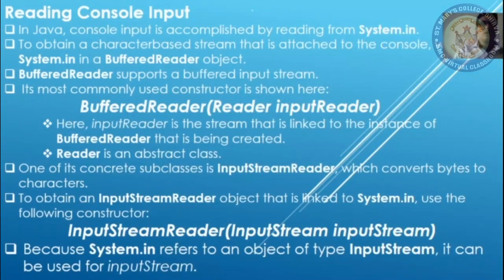As we have seen in your interactive program, DataInputStream db is equal to new DataInputStream of System.in. So we are assigning that input console to that input object. Whatever value we read from the keyboard will be stored in that object. That object is referred to from some other methods.